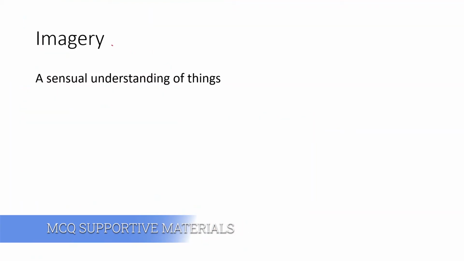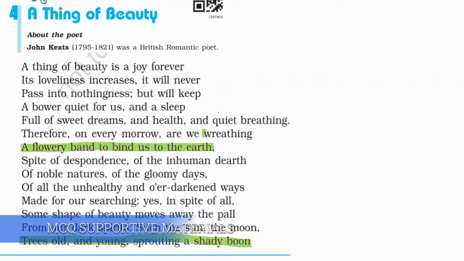Now let us check the imagery used in the poem. A sensual understanding of things. So many images are used in the poem. Look at the first one. A flowery band to bind us to the earth. This is an example of imagery.